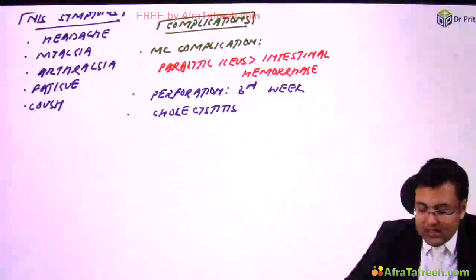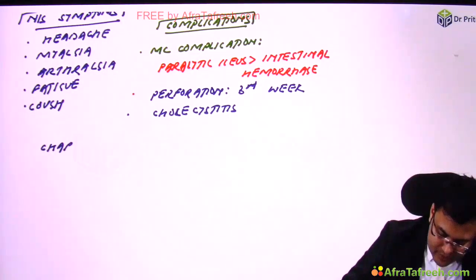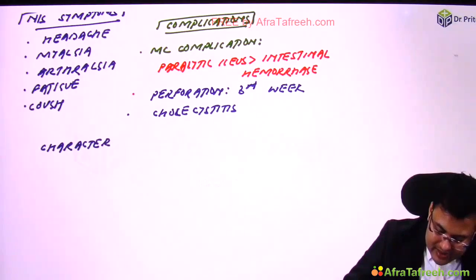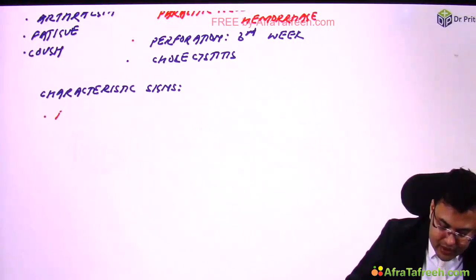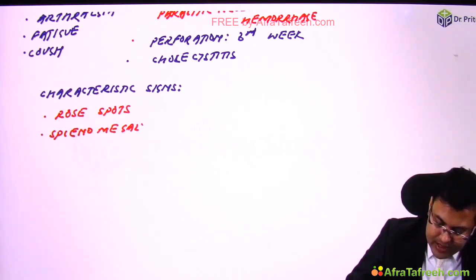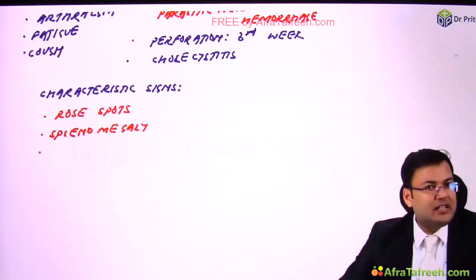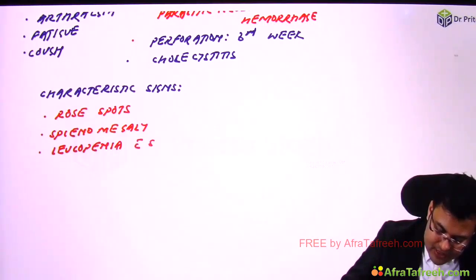Questions are asked: what are the characteristic signs of typhoid? In these patients, there is presence of rose spots, and there is splenomegaly. Be careful, generally in infections there is leukocytosis, but here there is leukopenia with shift to left.